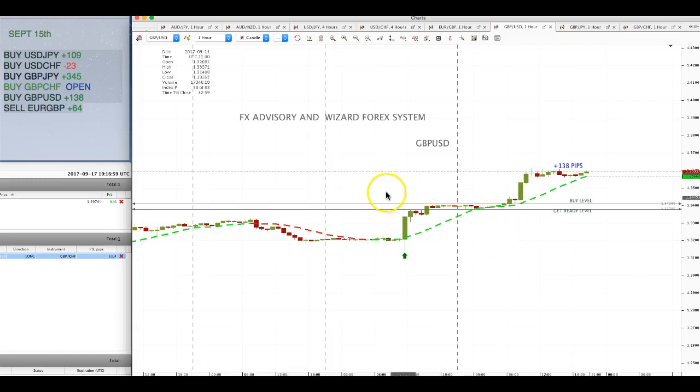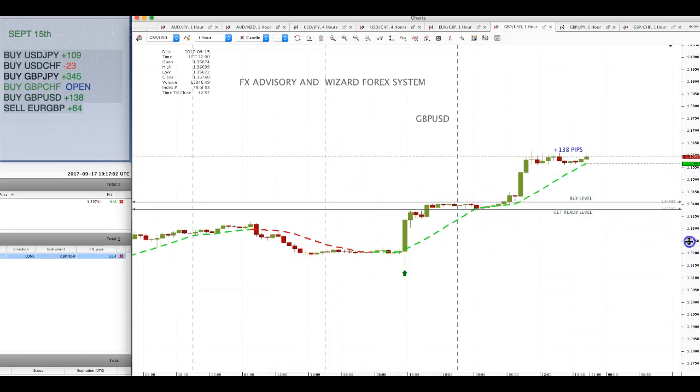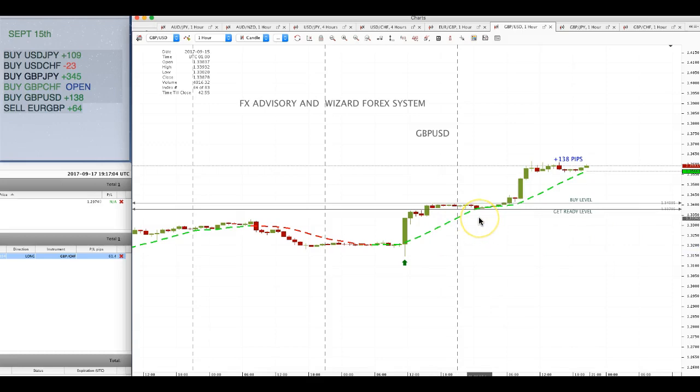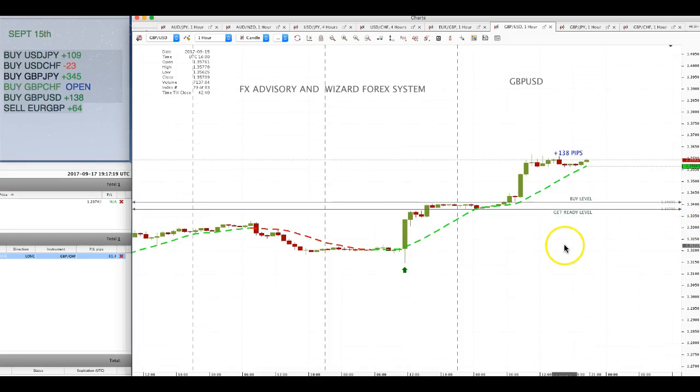Unless you do your top-down analysis, you may not feel comfortable taking these trades at the wizard and advisory indicator. Also, if you are taking counter trend trades that the wizard is generating and the market is in an uptrend, I would avoid taking those trades because they normally are false signals.